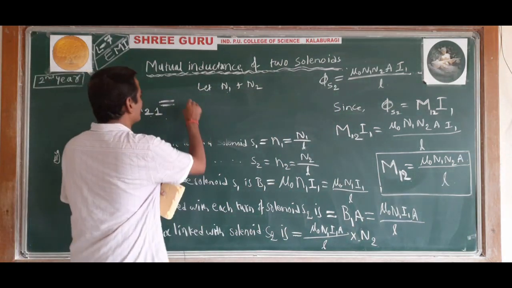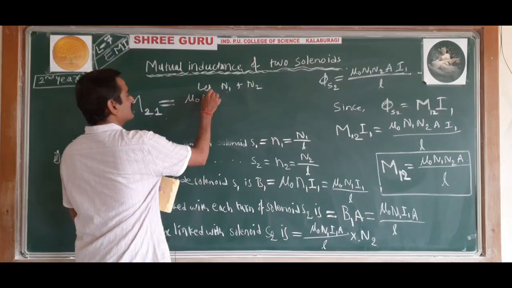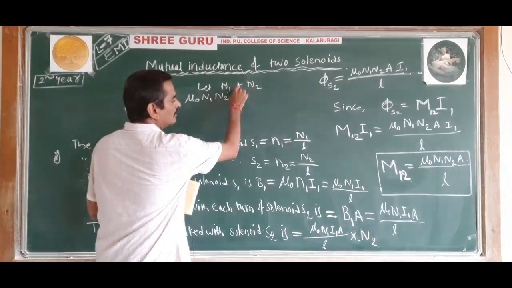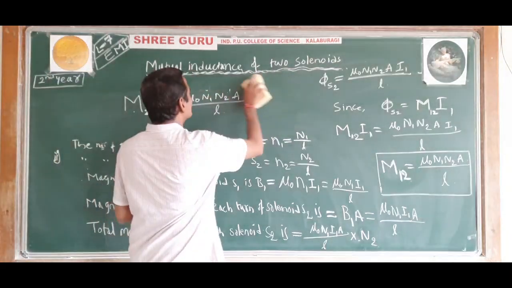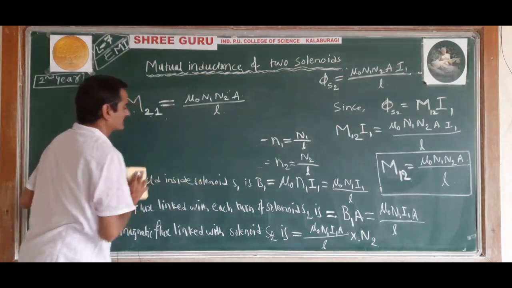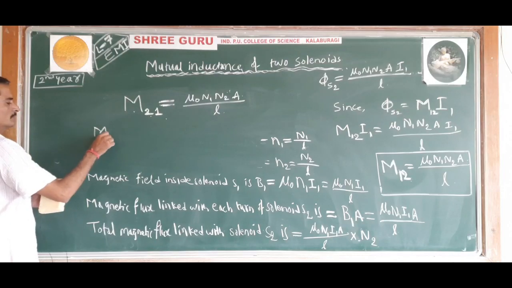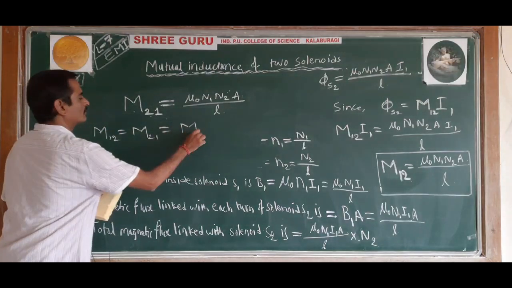So it comes out to be the same. After doing the derivation, it will come out to be the same: mu naught N1 N2 into A divided by L. Understood? Okay. So from these two formulas, M12 is equal to M21 and therefore it is equal to capital M.